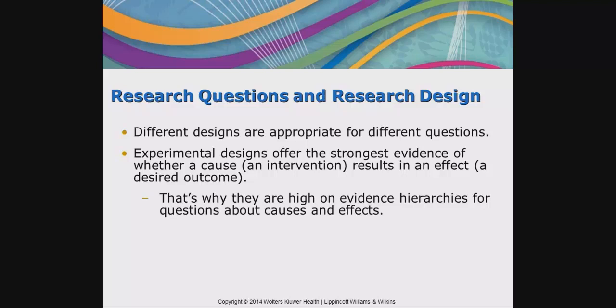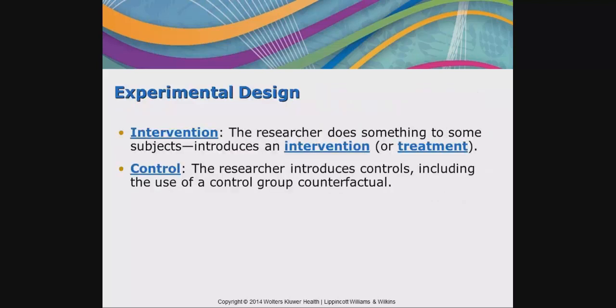And as you recall, experimental designs are more rigid and controlled, like in a laboratory setting. And this is really why they are highest on the evidence hierarchy chart, because they are so controlled for all those extraneous variables, and so you're trying to get to the pure truth. So let's review for a minute about experimental design.